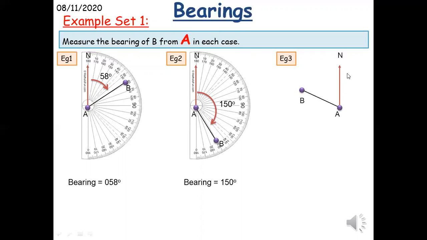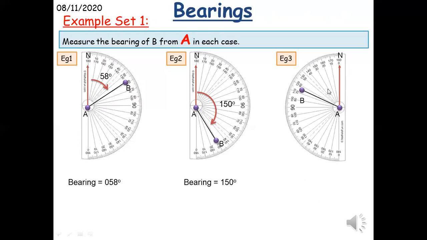Okay, let's see this example. B is behind A, and I'm used to taking the bearing clockwise. So what do you think we are going to do here? Since my protractor can't measure angles bigger than 180, I can put the protractor in the opposite direction and measure this small angle, which is almost 65 or 64.